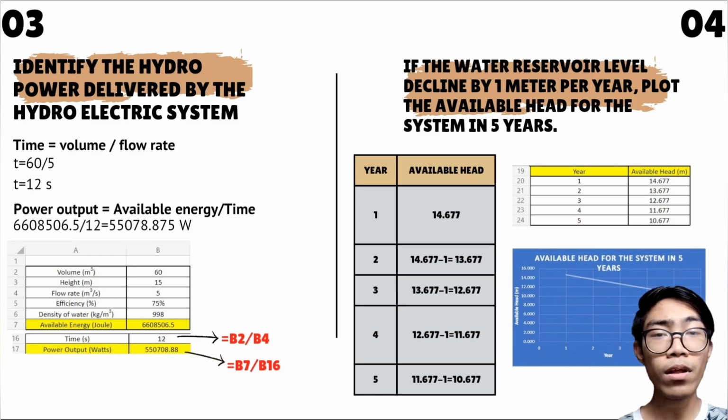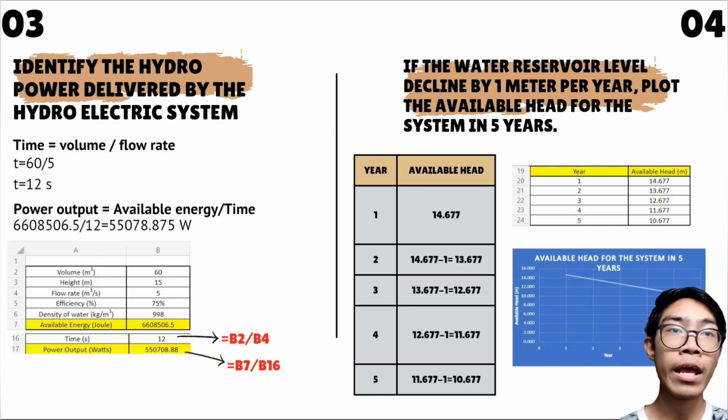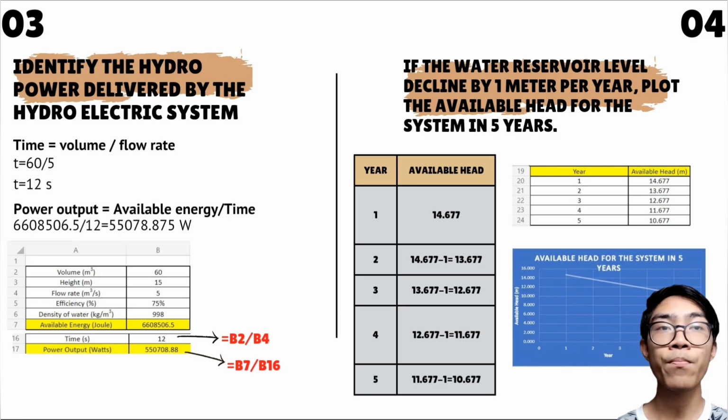When the table is completed, we can insert the graph. The y-axis will be the available head, and the x-axis will be the year. We can also add a title, which in this case is available head for the system in 5 years.